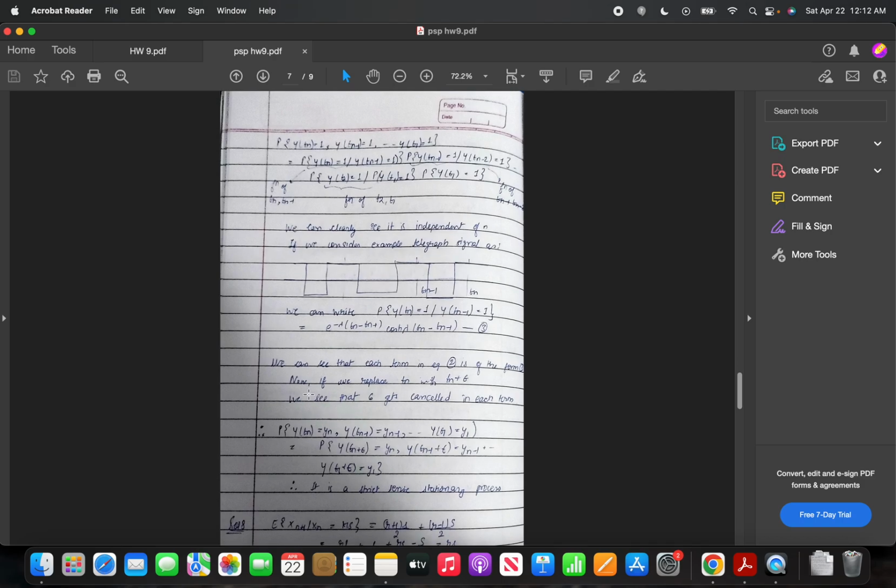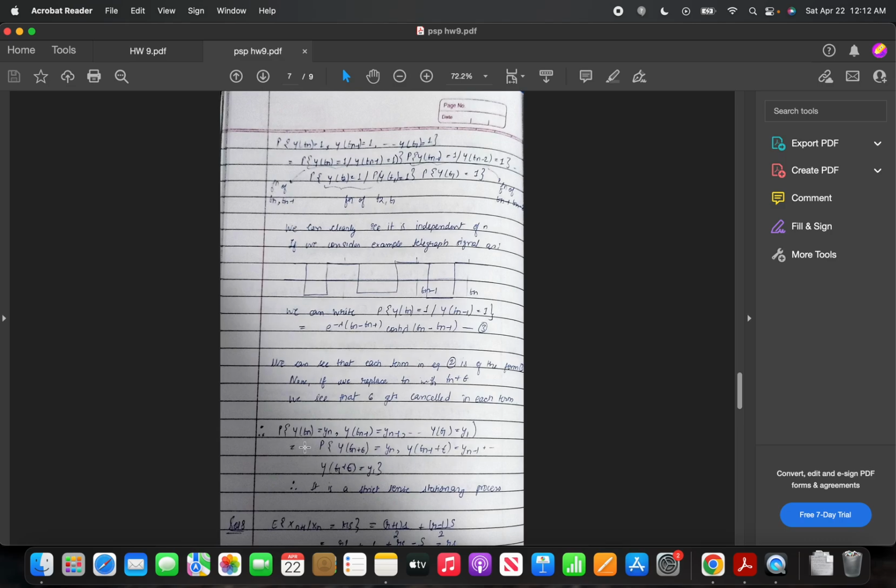So the final equation is that the probability of Y(tn) equals yn, Y(tn-1) equals yn-1, up till Y(t1) equals y1 is basically equal to the probability of Y(tn+epsilon) equals yn, Y(tn-1+epsilon) equals yn-1, and so on up till Y(t1+epsilon) equals y1.